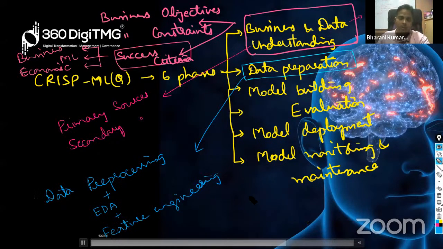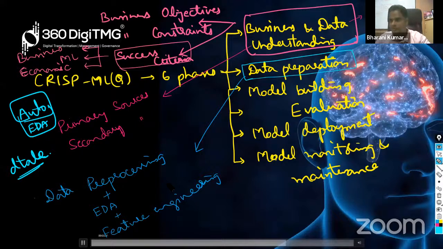And while we were talking about the entire flow, we have also discussed auto EDA. And as part of this, we have discussed a library called dtale and how do we proceed. Also, in order to understand deep learning algorithms, we need to have basic understanding of math.